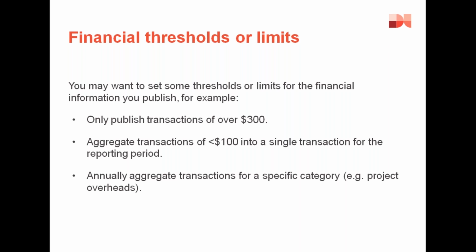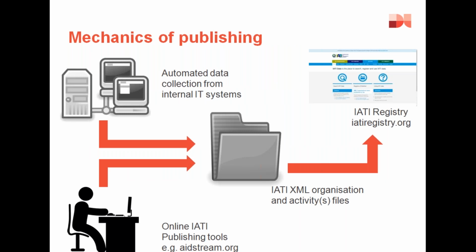But again, those thresholds remain the decision of the publisher. Smaller organisations are able to publish pretty much all their information. Some of the larger organisations couldn't even get close to it, so they look at publishing transactions over a certain rate.